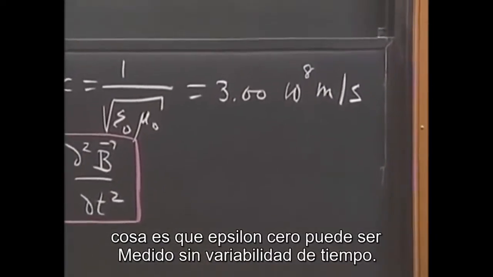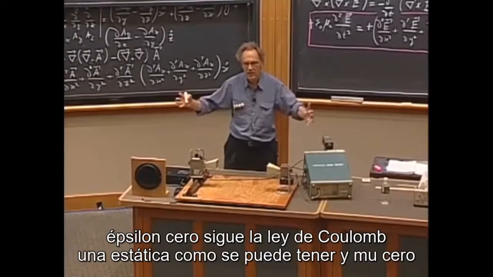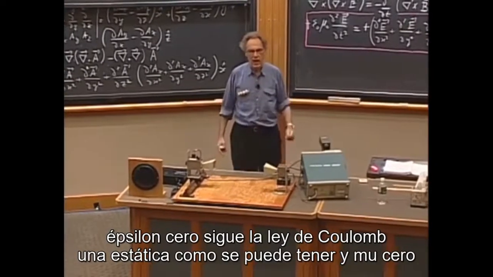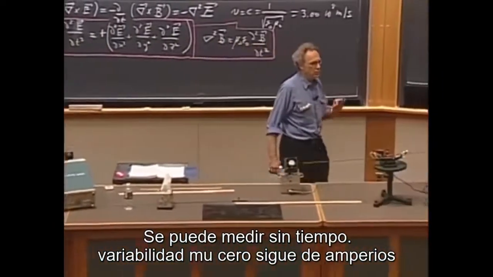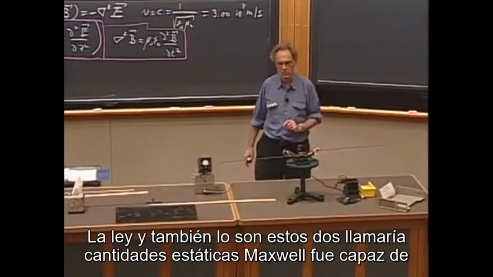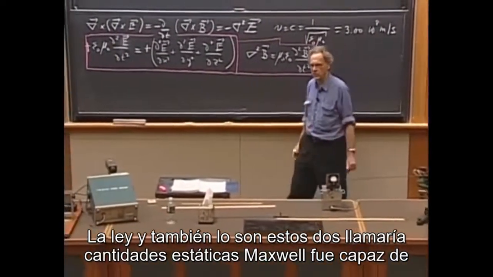And the amazing thing is that epsilon 0 can be measured without any time variability. Epsilon 0 follows from Coulomb's law, as static as you can have it. And mu 0 can be measured without any time variability. Mu 0 follows from Ampere's law.